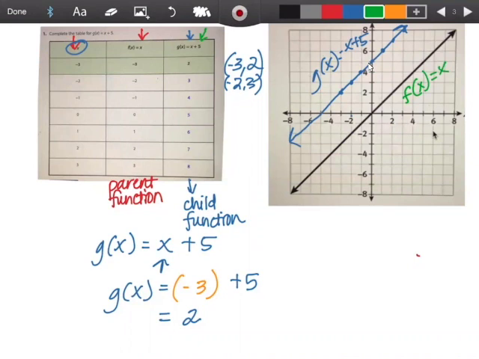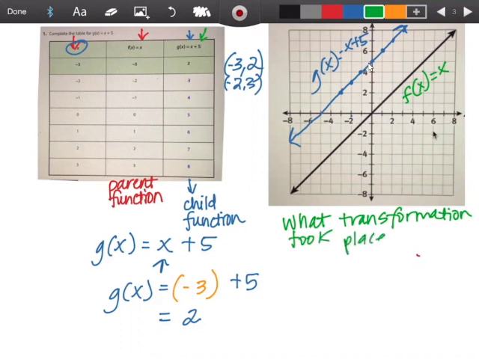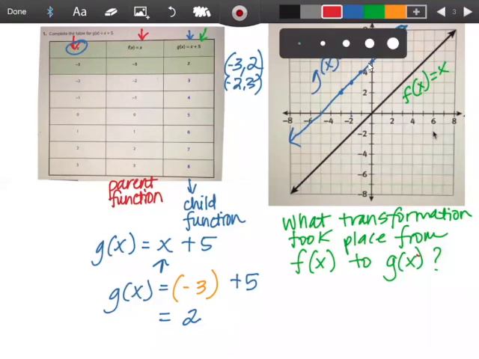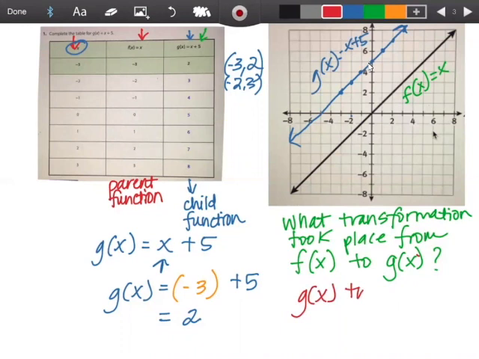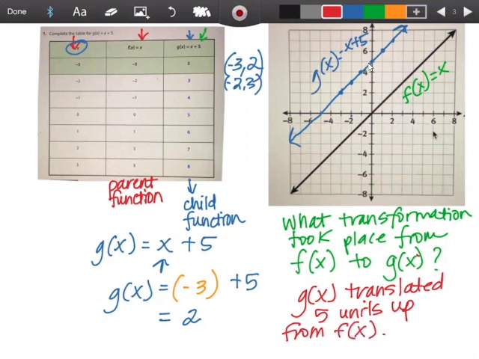So if I were to ask you to describe this graph, what transformation took place from f of x to g of x, your answer would be g of x translated 5 units up from f of x.